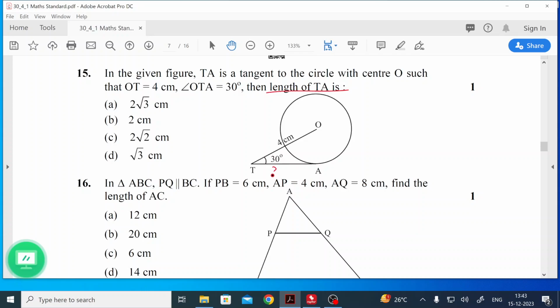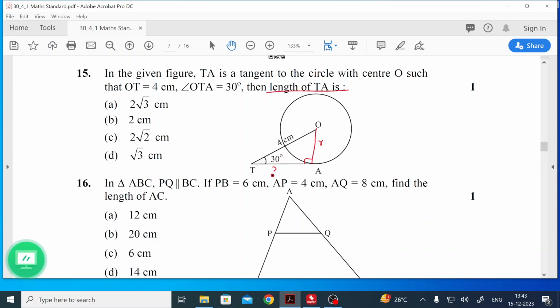Why am I joining OA? To bring a right angle triangle. If it is a right angle triangle, then only we can use 9th chapter. Trigonometry is applicable only for a right angle triangle, because radius will make 90 with the tangent always by theorem 10.1.